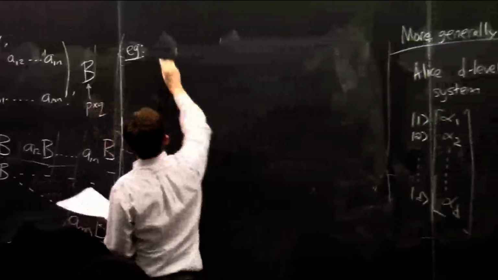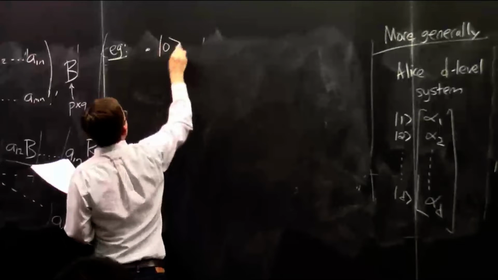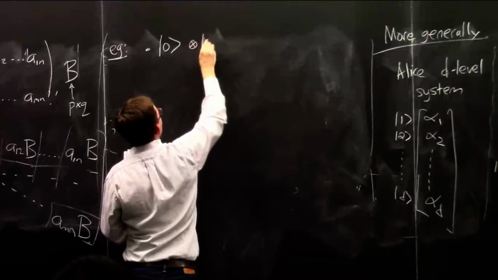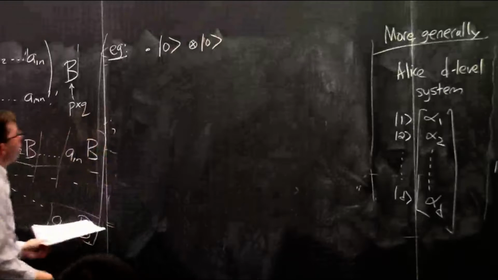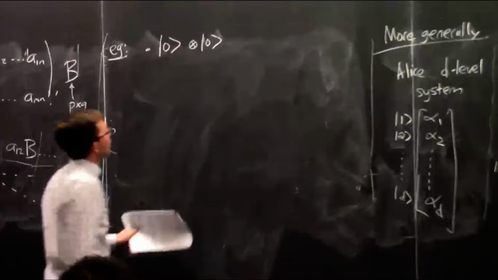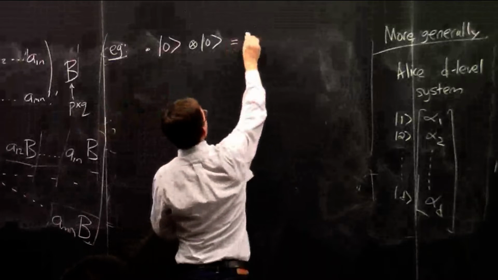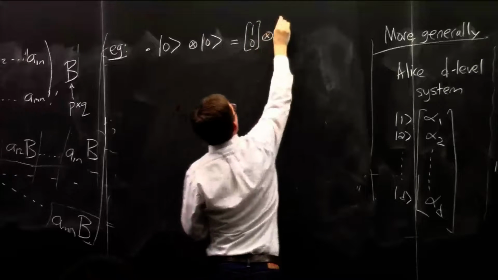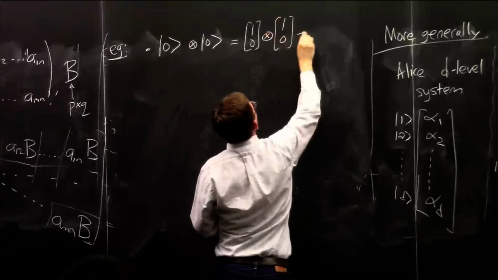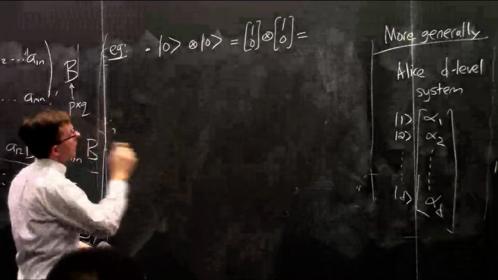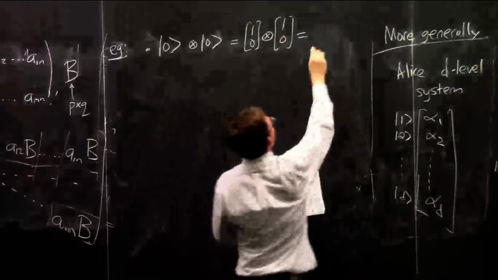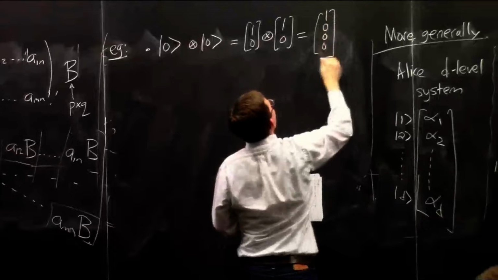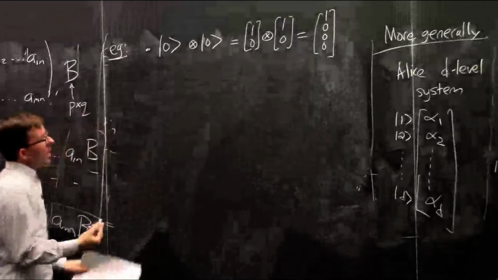Okay, so let's say Alice has a qubit in state 0, and Bob has a qubit in state 0. Then what state is it when you put them together? Well, we'll just do it slow. 0 is, we also call it this vector, 1, 0. We Kronecker product with 1, 0. Okay, and when we put them together according to this rule, we get this vector, 1, 0, 0, 0. And that's very nice, right?